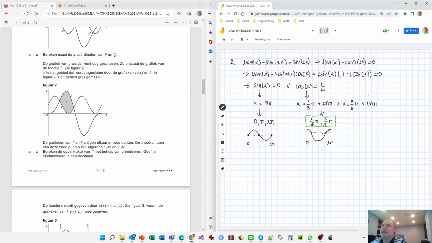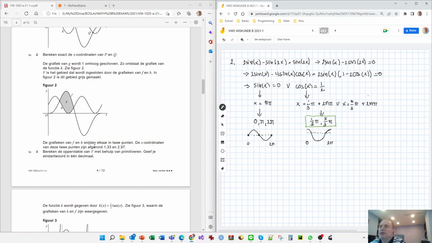Now we translate g by 1. Then we get the function h. And we have an area phi enclosed by f and h, which is grayed out here. They cross each other in 2 points. So they tell you that already.